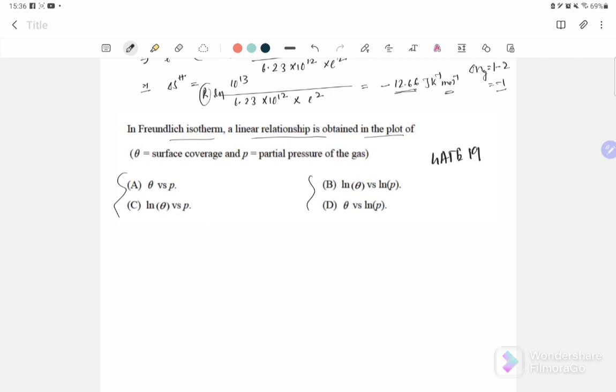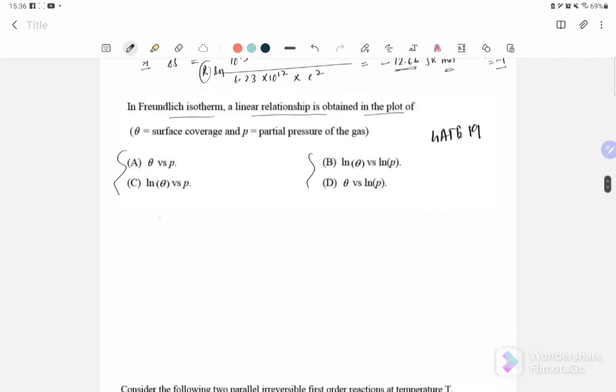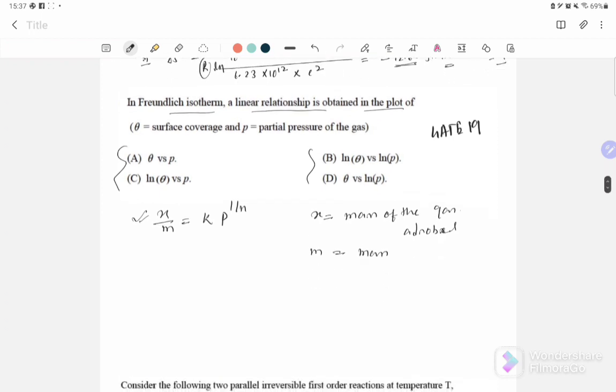First you have to know what the Freundlich equation is. The Freundlich equation is x by m equals k p to the power 1 by n, where x is the mass of the gas that is adsorbed, and m is the mass of the adsorbent.